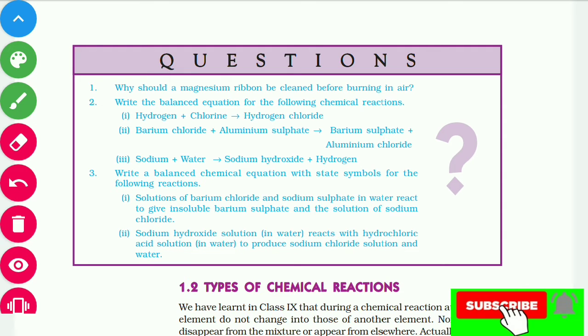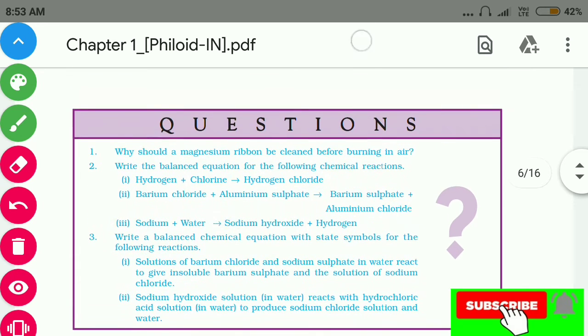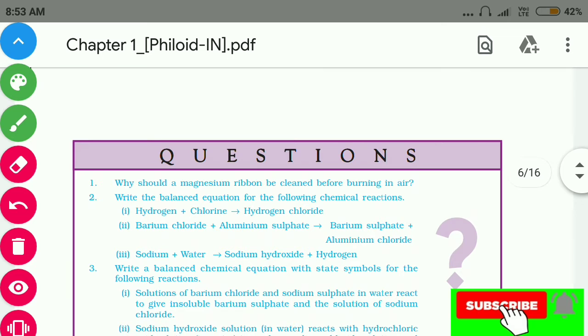The balanced equation for the chemical reaction: hydrogen plus chlorine gives hydrogen chloride. This is already a balanced equation. How? I will show you. For hydrogen we write H, here we have space, 2.